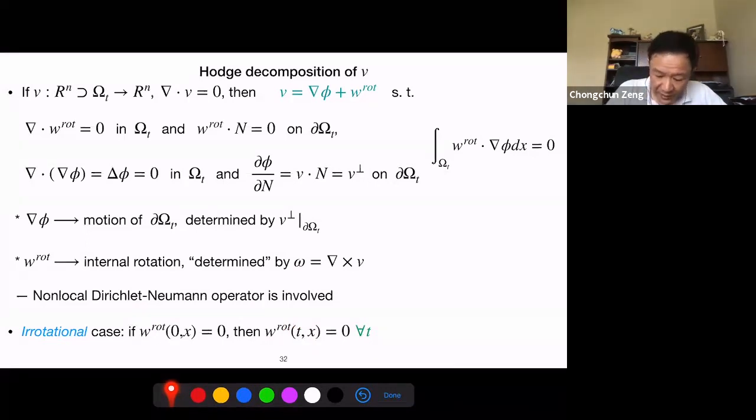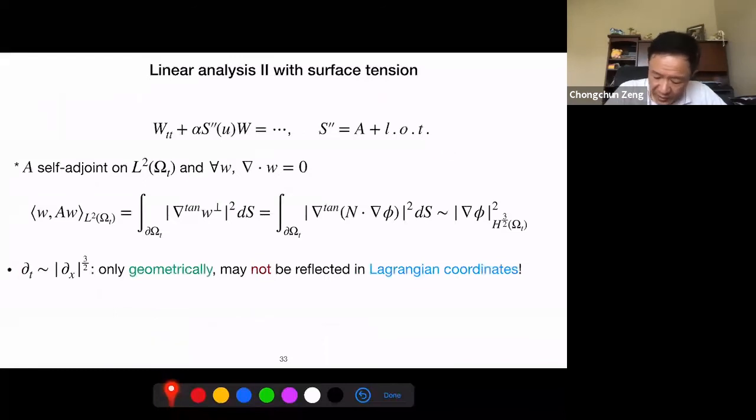So with this in mind, let's look at this operator A, this self-adjoint major part of the Hessian of the surface area functional. As we said, it is pretty much the L2 norm of the tangent gradient of the normal component of the vector field.